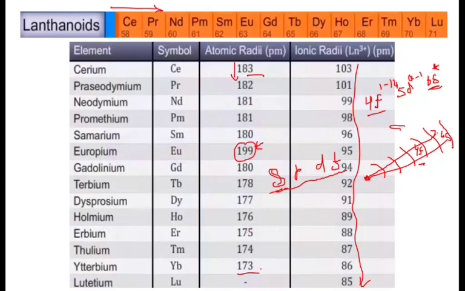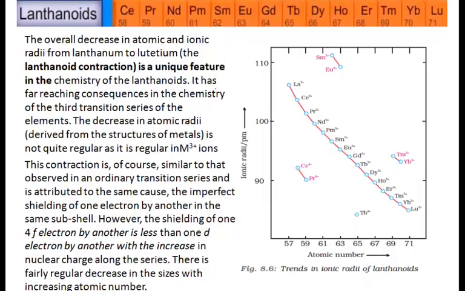This is very important: lanthanoid contraction. The ionic radii, in the same manner, are given in the +3 oxidation state. The overall decrease in atomic and ionic radii from lanthanum to lutetium, that is lanthanoid contraction, is a unique feature in the chemistry of lanthanoids.